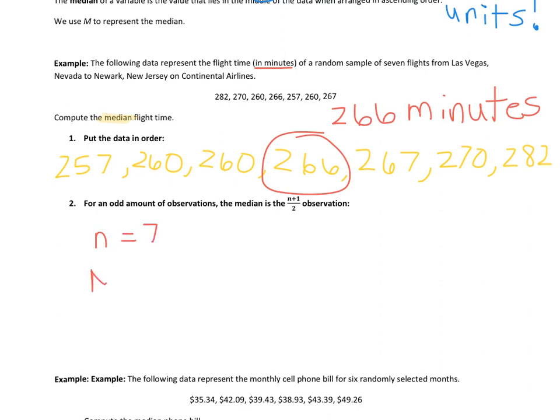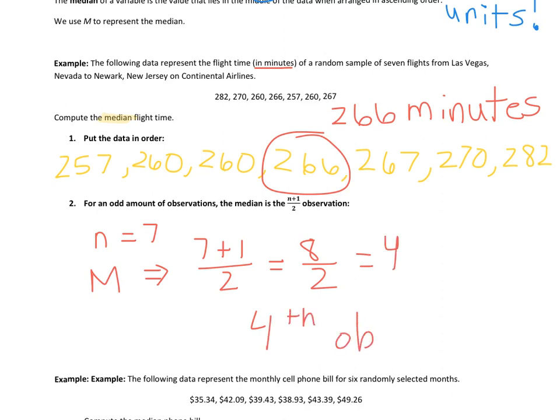So the median would be at 7 plus 1, which is 8, over 2, so the 4th observation. So let's go to our arranged data, and we can count. Here's our 1st observation, 2nd, 3rd, and 4th. All right, so that's consistent.